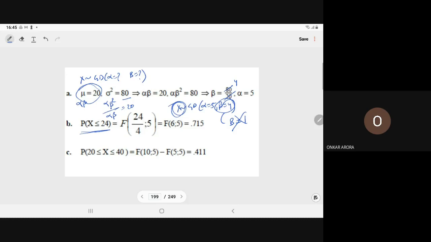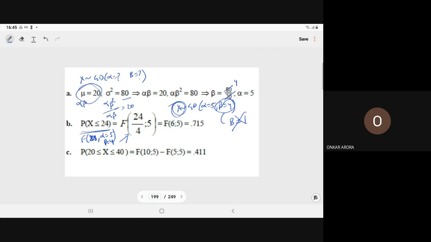So what I have told you, when we have to compute F(24) for alpha equal to 5, with alpha equal to 5 and beta equal to 4, that can be written in terms of the standard gamma variate.